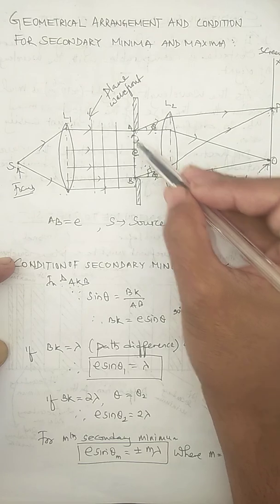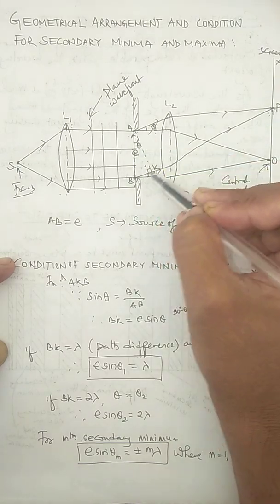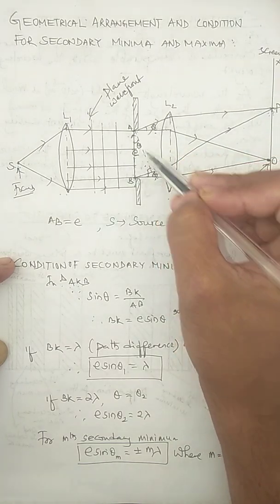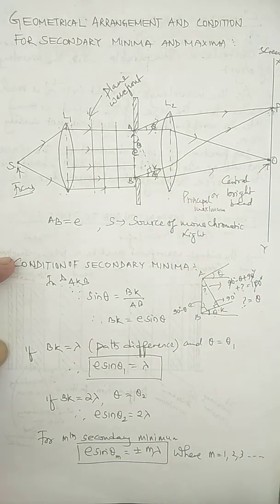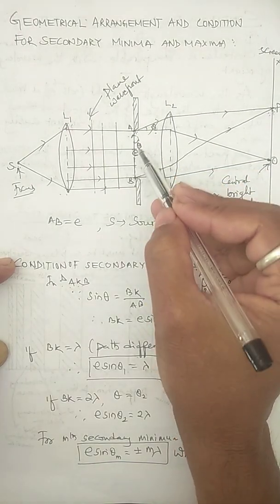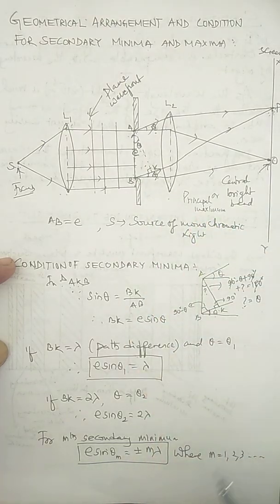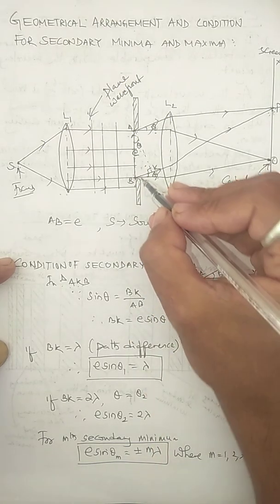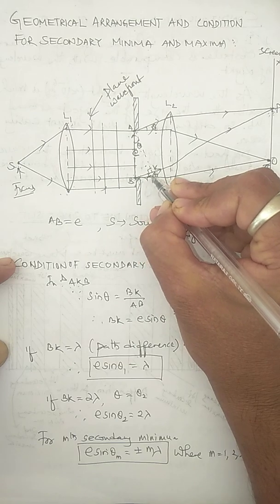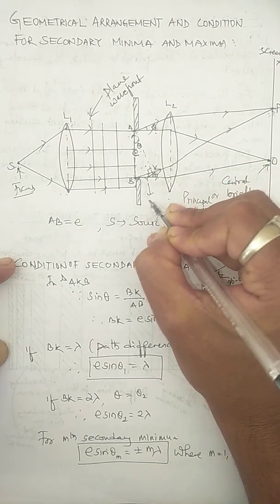Now this angle theta is in this right angle triangle. With this right angle triangle with angle theta, we can calculate this gap, and this gap is called path difference. So children, in the diagram, this gap is actually called path difference.